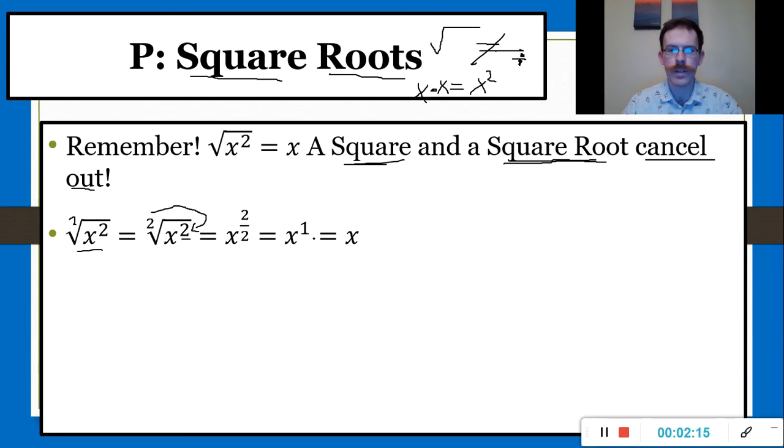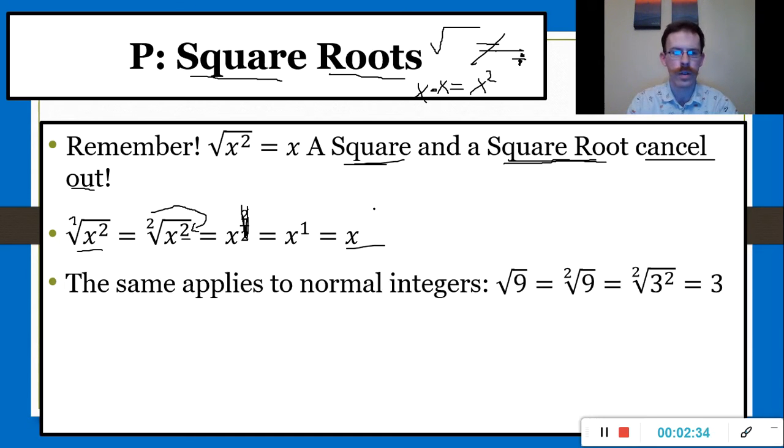And 2 divided by 2 is going to give me 1, and therefore the root and the exponent cancel each other out, leaving me with just x. This will make more sense when we work on it tomorrow, but I just want us to understand this is how a square root works, and why a square root works.